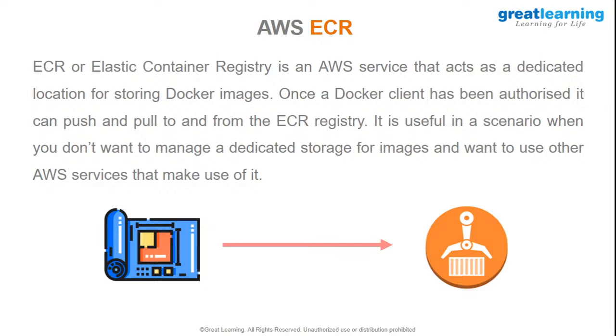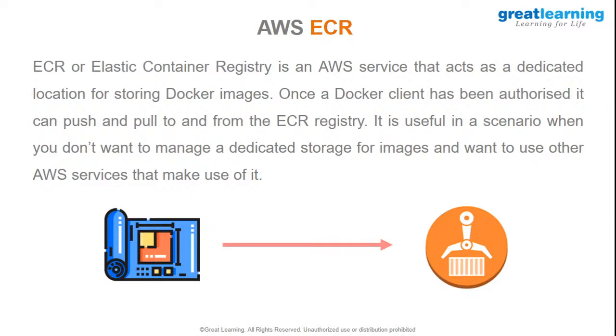Now, it is useful in a scenario when you don't want to manage dedicated storage for images and you want to use other AWS services that make use of the image you have. It's actually beneficial to use AWS ECR instead of having your own server to host images, because if your organization is handling a lot of services within AWS itself, maybe using EKS, Elastic Kubernetes Service, or ECS, Elastic Container Service, then you don't want to use your own dedicated server because you have extra things to manage.